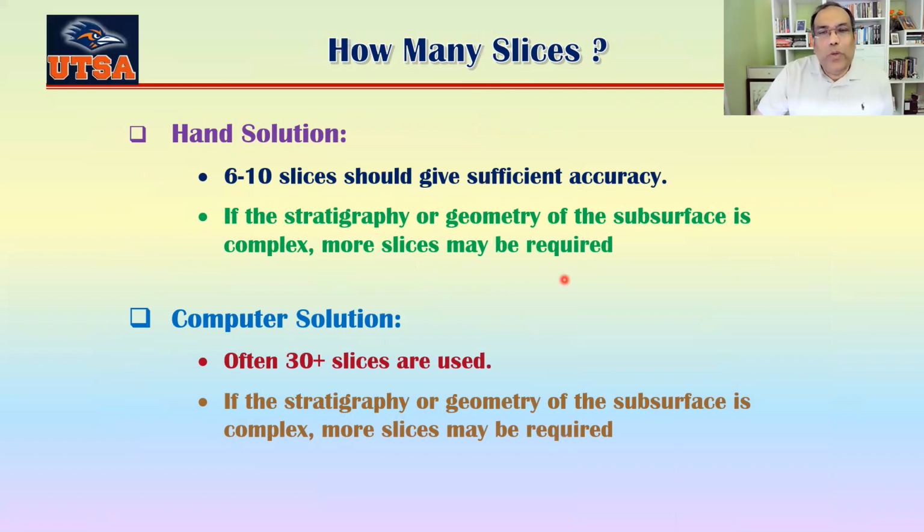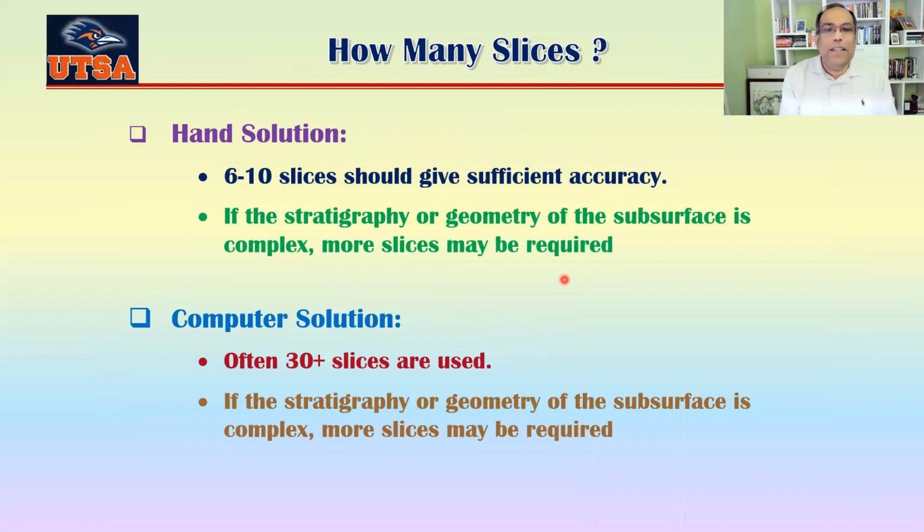Basically what we try to do is that the bottom of the slice has the same shear strength, okay? At the same time, we want the unit weight of soil to be the same within the slice, so that I can multiply the volume of the slice with the unit weight of soil to find the total weight of the slice, okay?